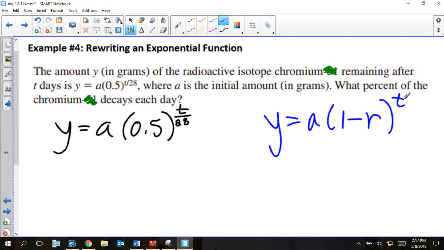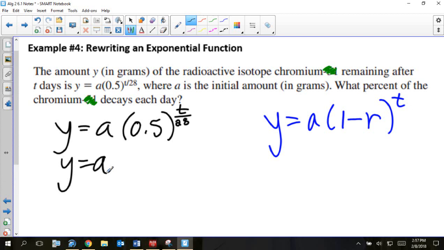Then we look at the model in blue and my equation in black, and I want you to start at the t. You see something's different? This should just be time, but over here it's time divided by 28. You can't have time divided by 28. What you have to do is unmultiply the t over 1 multiplied by 1 over 28.